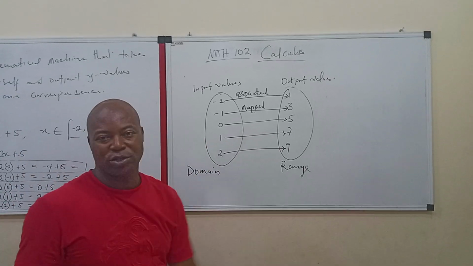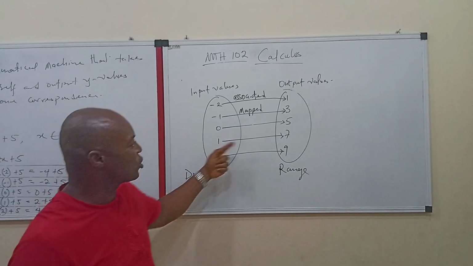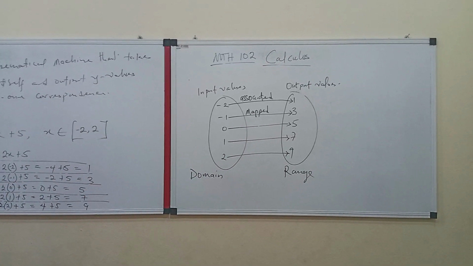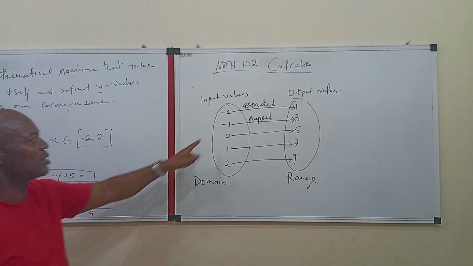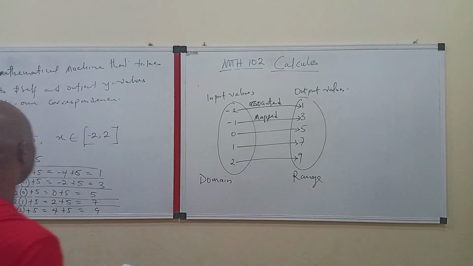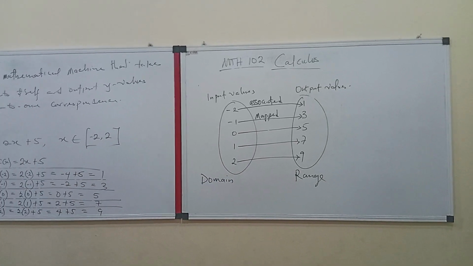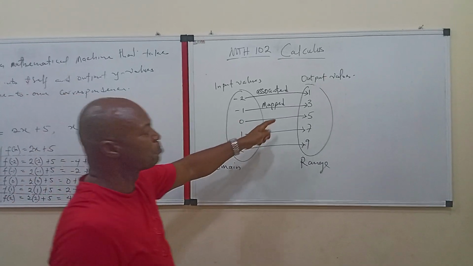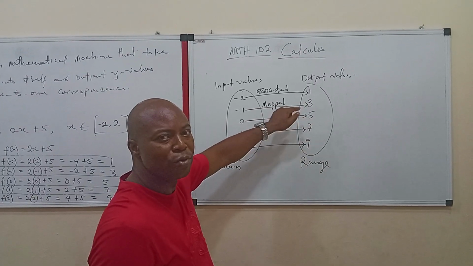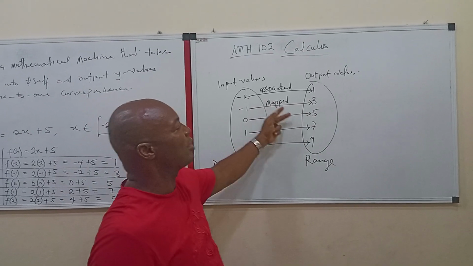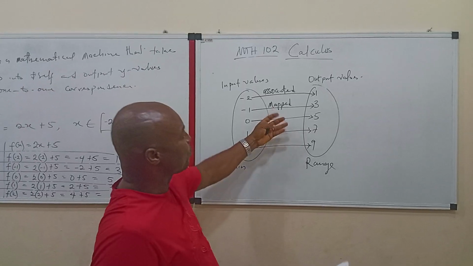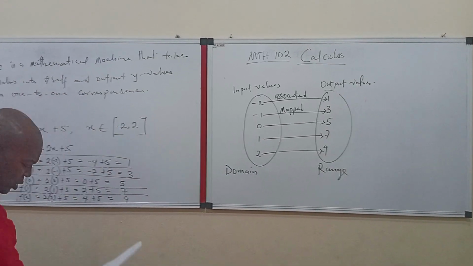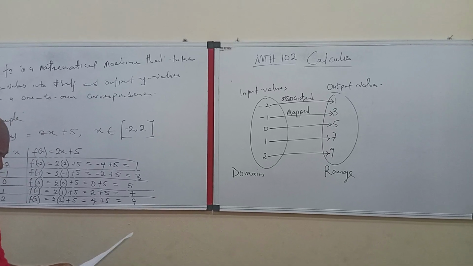They are associated to a unique value in the range. So in other words, a function is a relation or a rule that takes in x values into itself and after processing outputs the range values.